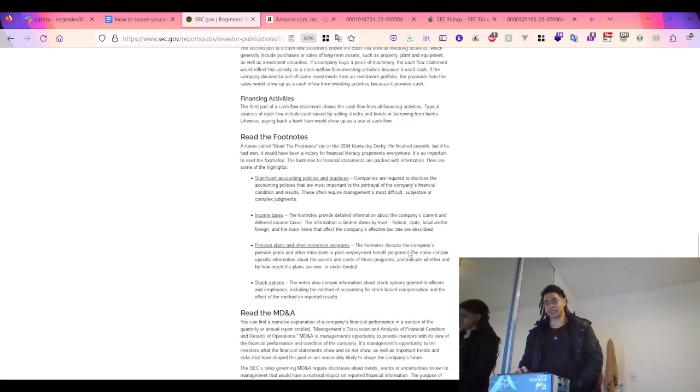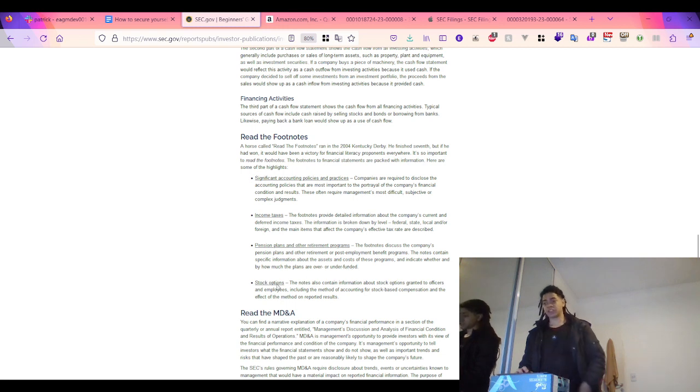Because these are plans, pension and any other post-employment benefit programs, that must discuss the costs and assets, as well as whether those funds are over or underfunded.